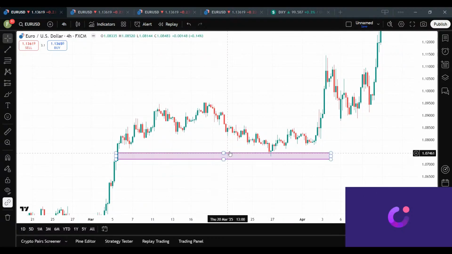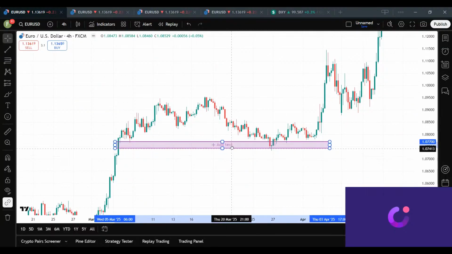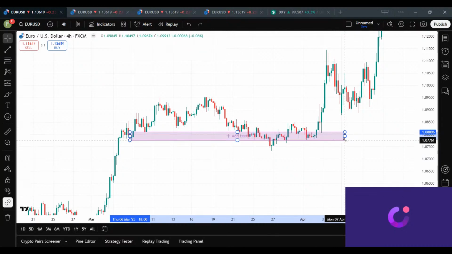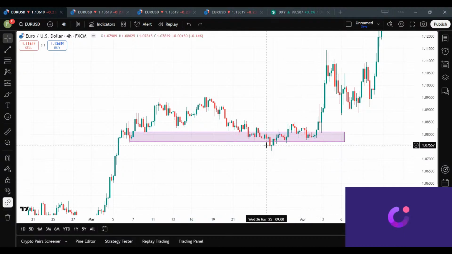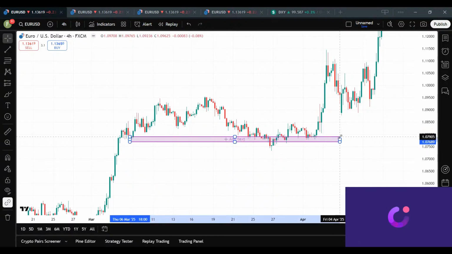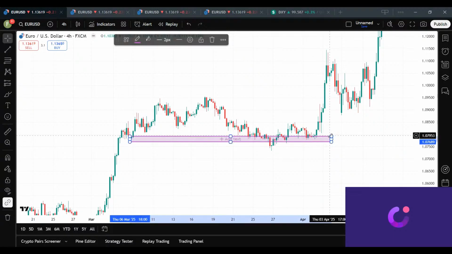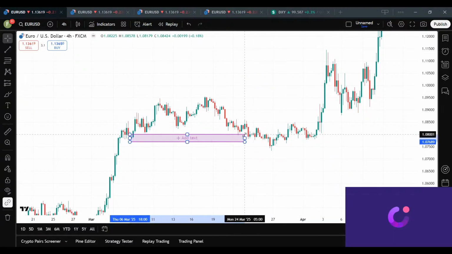They just enter at the fair value gap here, and they buy. But the reality of the market is, depending on how you analyze, you can safely say that this is an order block. And if you confirm that this is an order block using the body, you would have known that the market just tapped here.